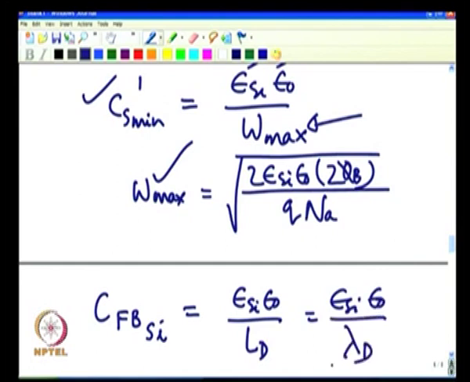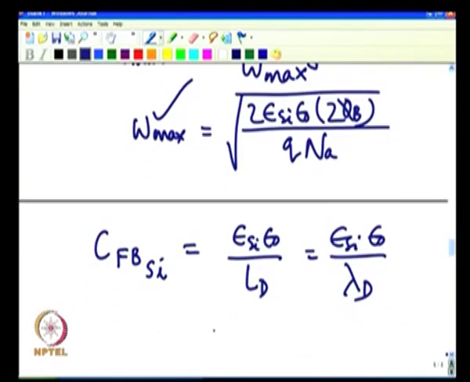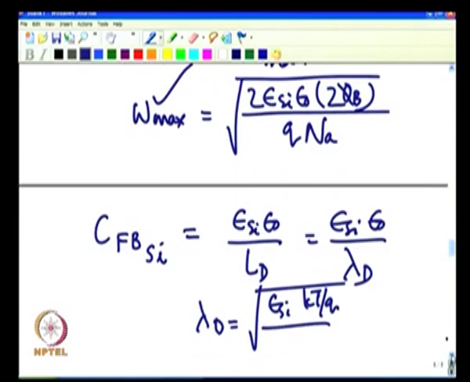And remember, I told you what Debye length is in the last lecture, that is essentially related to your doping concentration. So, once you know Na, this is thermal voltage instead of band bending, since psi s is 0 anyway, and everything else is known. You multiply this with area, you get flat band capacitance of silicon.